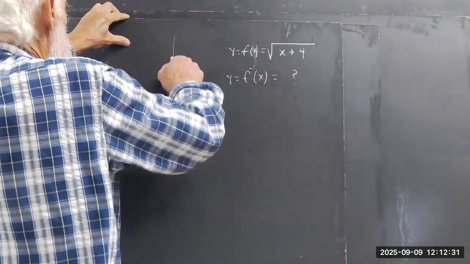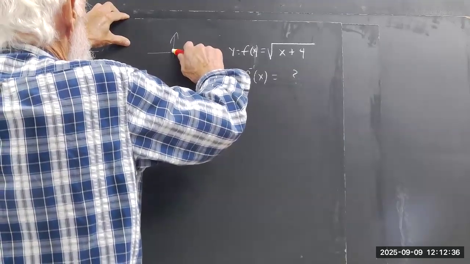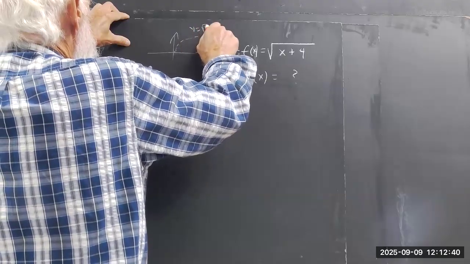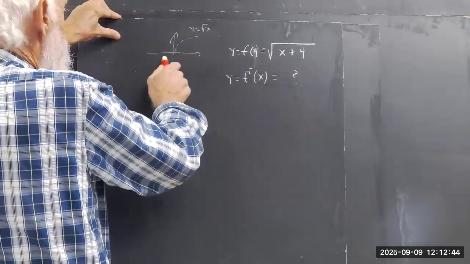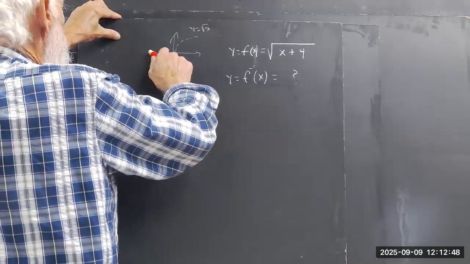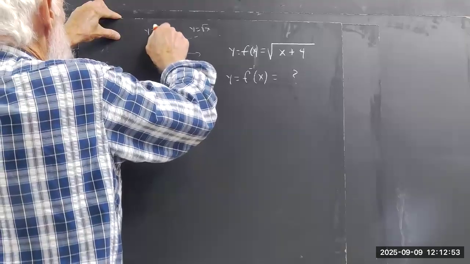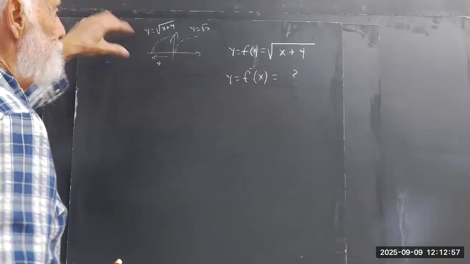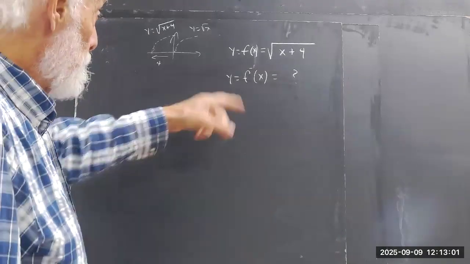I know that the graph of this thing, just for completeness, here's your graph of y equals square root of x. If you replace x by x plus 4, you just move this thing over 4 units. The graph of y equals the square root of x plus 4. That's it for this particular graph.